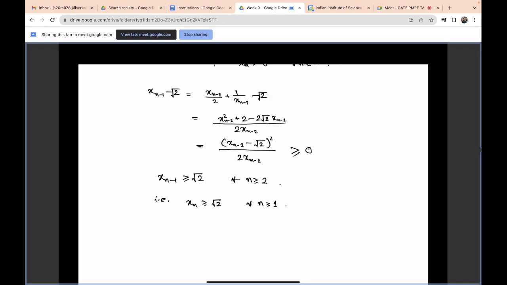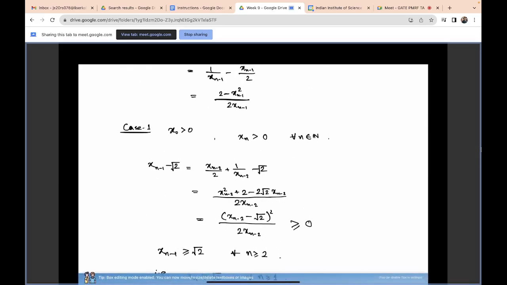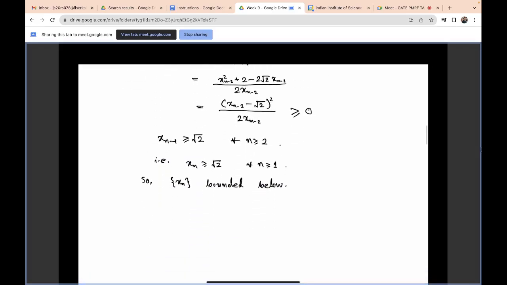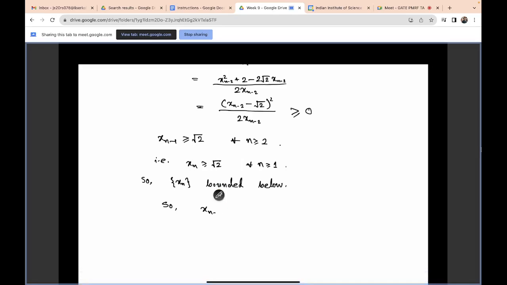So this is saying that the sequence x_n is bounded below. Now we have seen that x_{n-1} is greater than root 2. If you take the square on both sides, x_{n-1} squared is bigger than 2, which is the same as 2 minus x_{n-1} squared is less than or equal to 0.